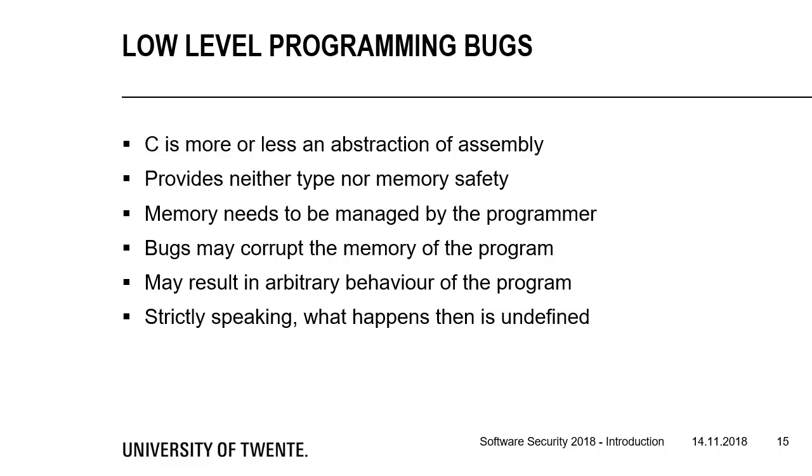When you do that wrong, things will break, and they will break pretty badly. Bugs may corrupt the memory of the program, so when there is a bug in your code, the memory of your program might change in an arbitrary way. And then arbitrary things might happen, and strictly speaking, what happens is undefined.